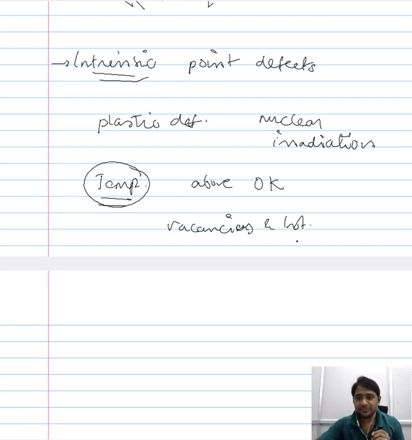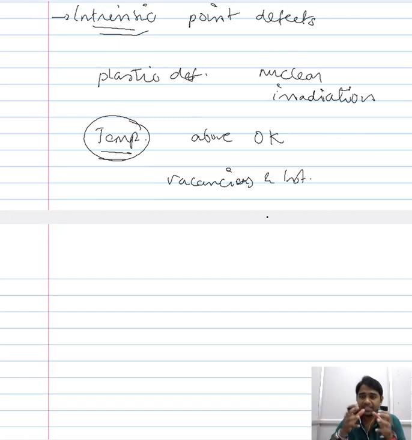However, we observe that these point defects are stable at temperatures above 0 Kelvin. So there should be some thermodynamic basis that allows for a stable concentration of these point defects. So let us look into that thermodynamic basis. To reiterate, the regular arrangement of the atoms in the crystalline material is the lowest energy state. So any imperfection to that regular arrangement means we are increasing the energy state, which means the system is no longer stable.